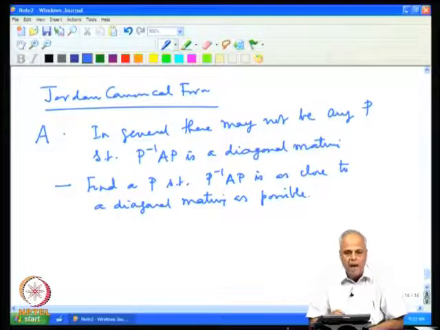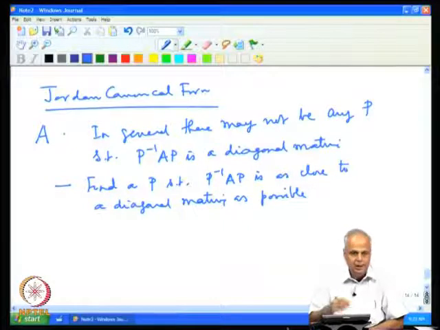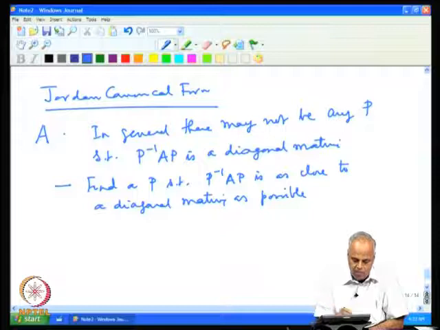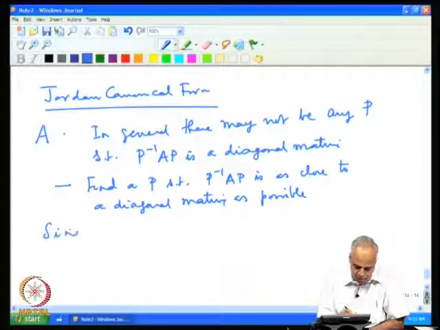Now, what do we mean by as close? Making these things formal and precise leads you to the notion of Jordan canonical form. What is the singular value decomposition?